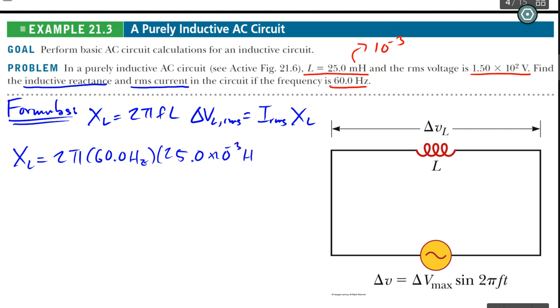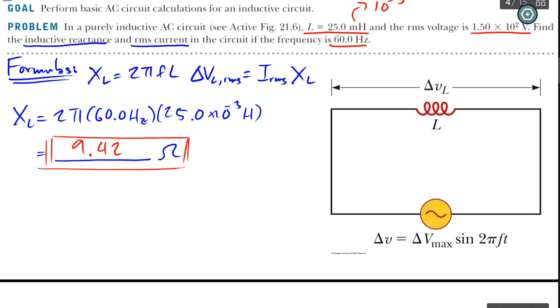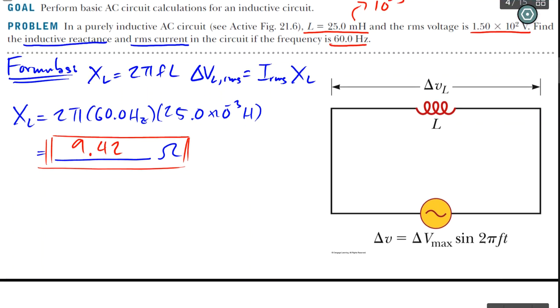Don't forget the conversion units. And all I know is that should equal something in ohms. And I guess not surprisingly, an inductor doesn't really have that much resistance. It also depends on the value that we're using here too. So it's about 9 ohms, 9.5, almost.